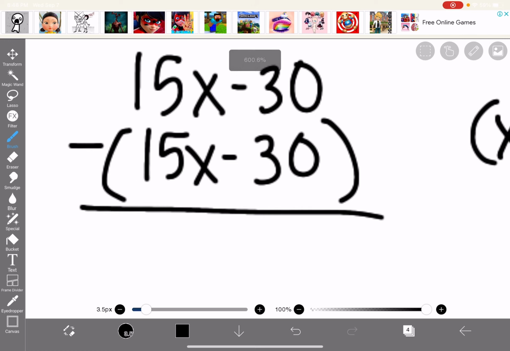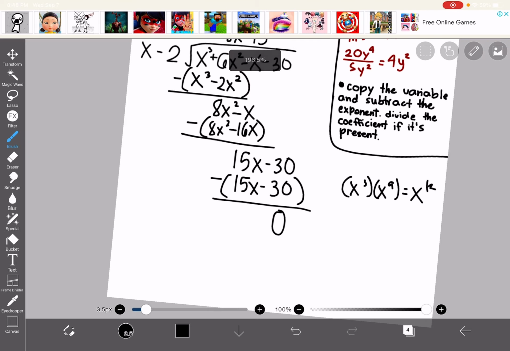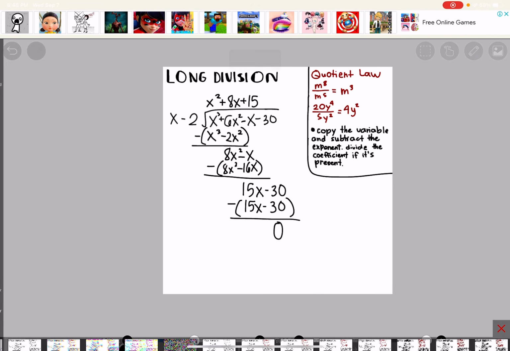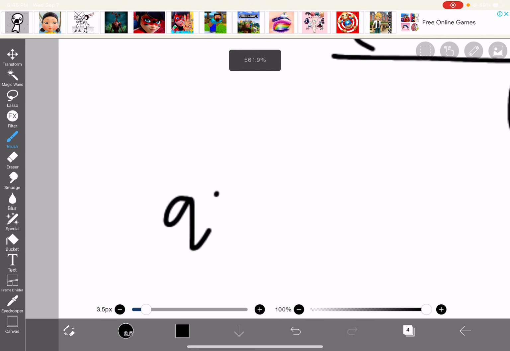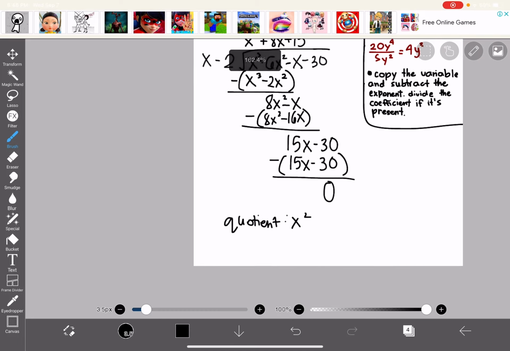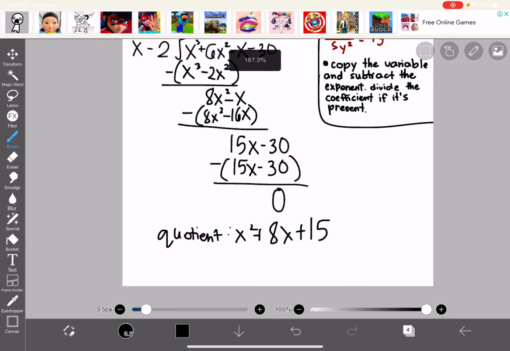We have 0 again. If it's like this, we multiply the sign so it becomes positive. Negative 30 plus 30, it's 0. Now, the answer for this, or the quotient to be exact, is x squared plus 18x plus 15.